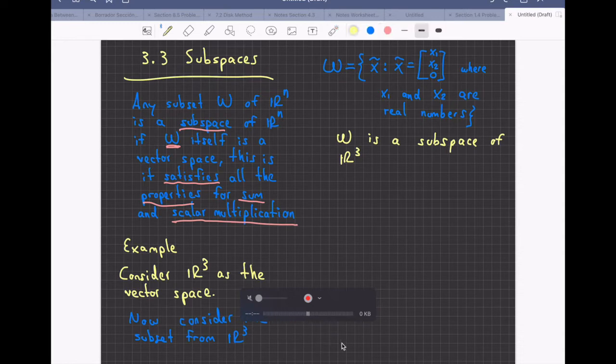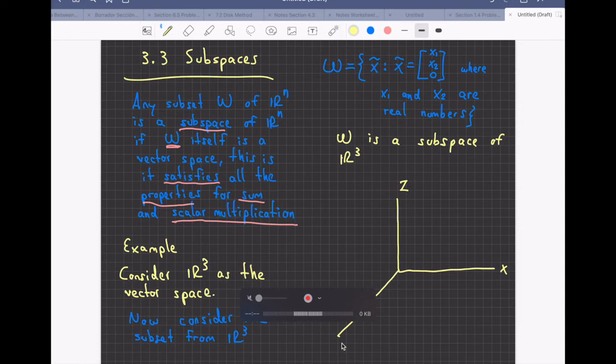R3 is the three-dimensional space. We have the x-axis, the y-axis, and the z-axis.